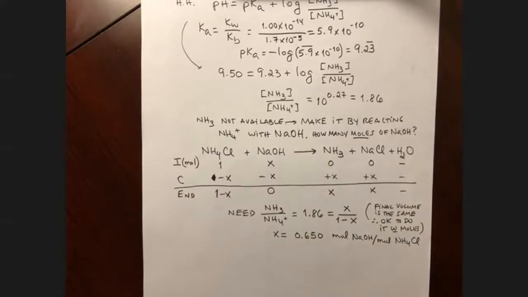But remember, in this problem, we're not adding solids, right? It's not like we started with ammonium chloride solid. We have a solution already. So we're going to have to figure out how this works.